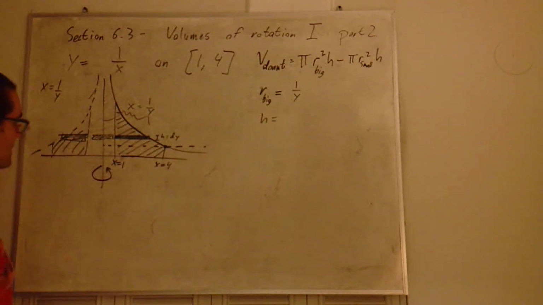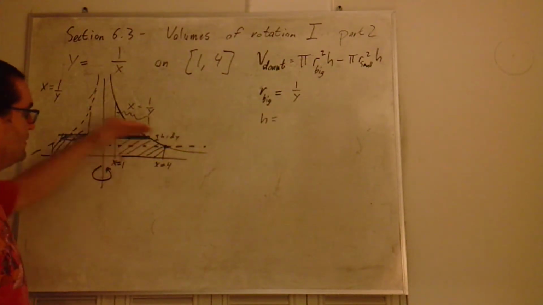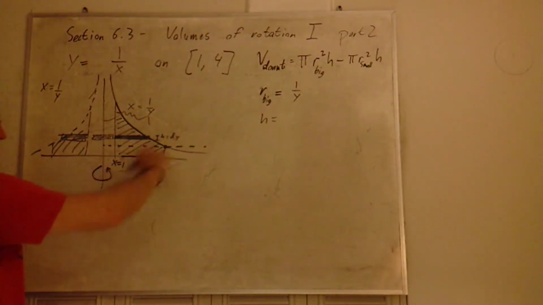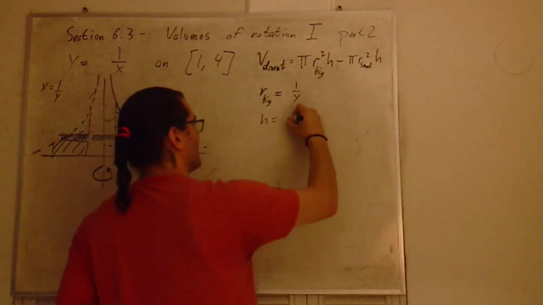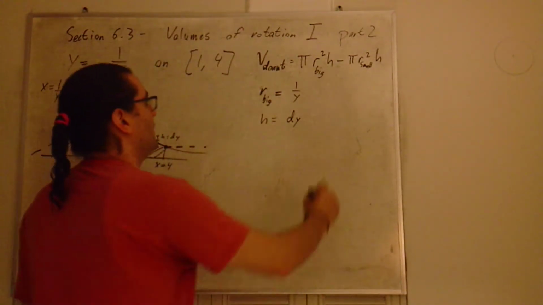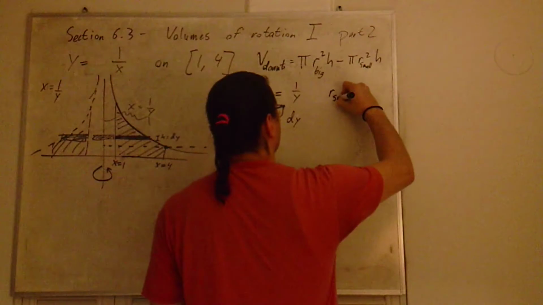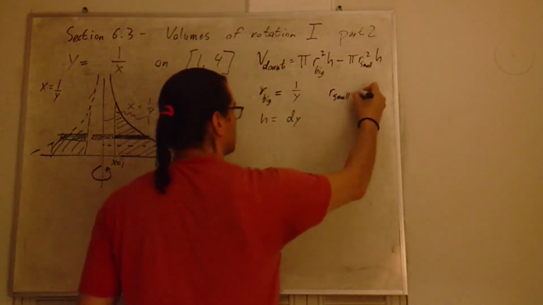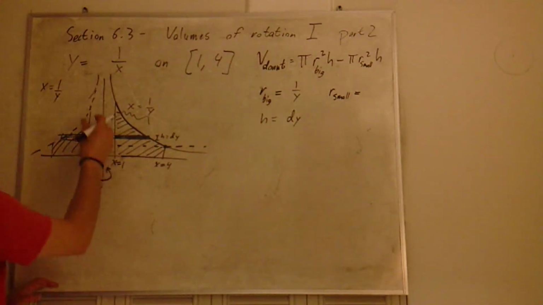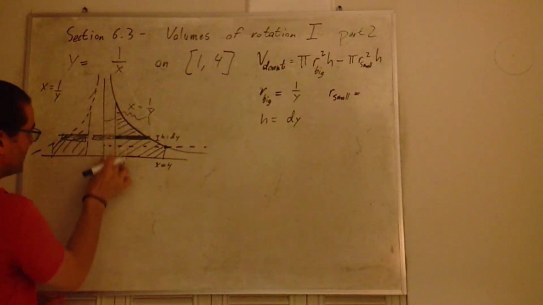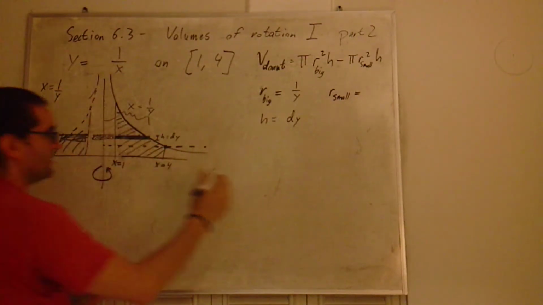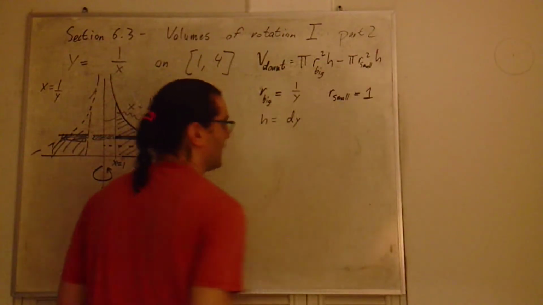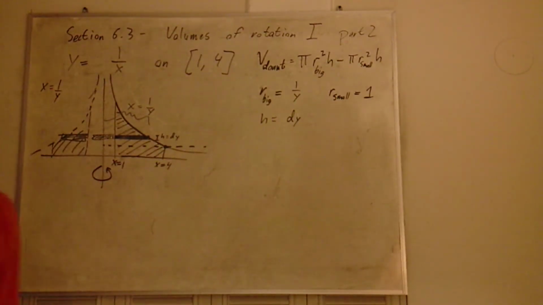But if we're going to cut this thing horizontally, then it's going to be dy. And r small is nice. The radius of the small cylinder that we're sort of punching out of the middle of this is just always 1. So that's convenient.